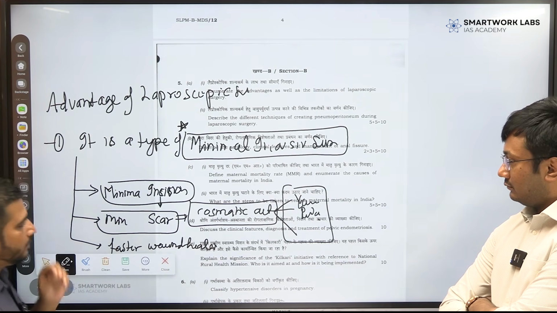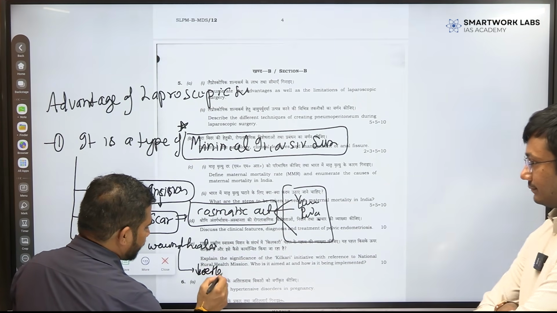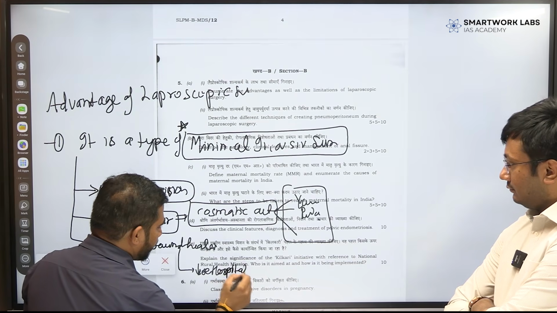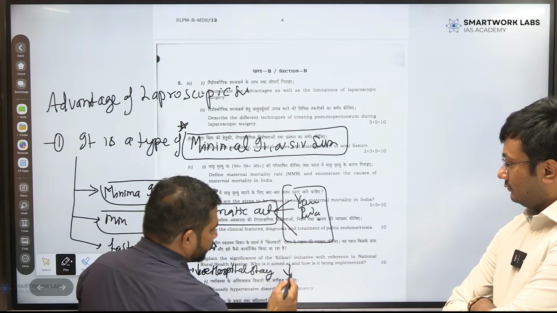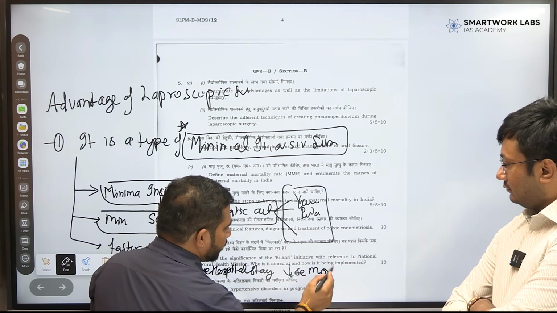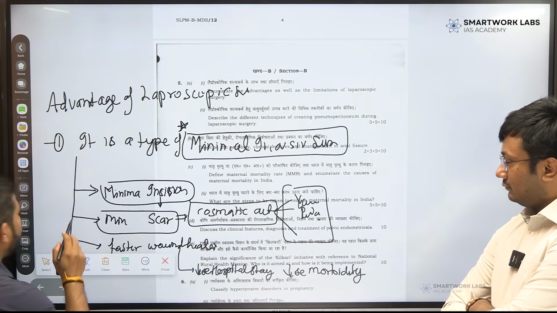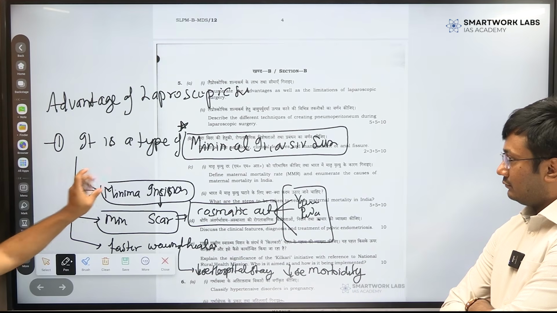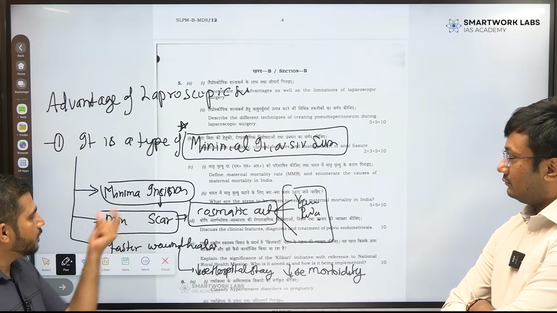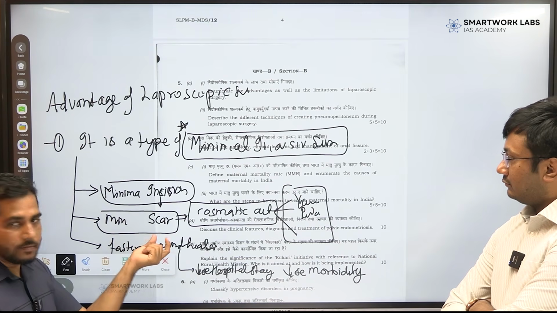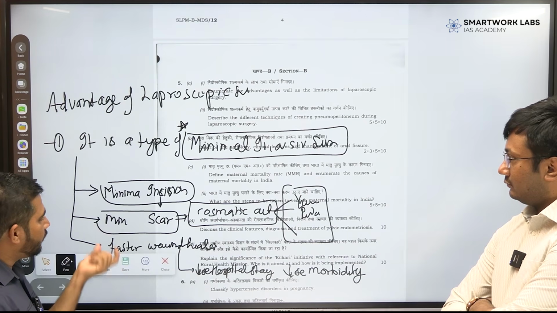If it is a faster wound healing, so hospital stay decrease, morbidity decrease. तो हमने अभी केवल एक पॉइंट को डिफाइन किया है, दैट इज ए मिनिमल इन्वेजिव सर्जरी। अगर मिनिमल इन्वेजिव सर्जरी है, देन मिनिमल इंसिजन, इफ मिनिमल इंसिजन, मिनिमल स्कार, better cosmetic outcome, as well as the faster wound healing.